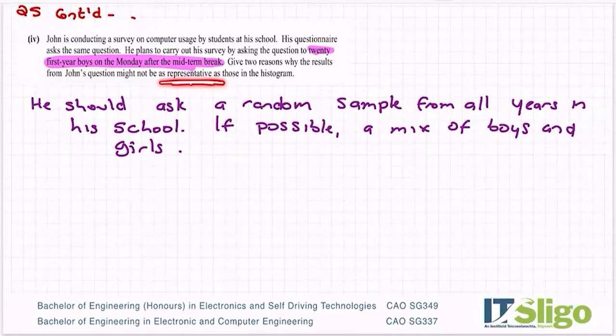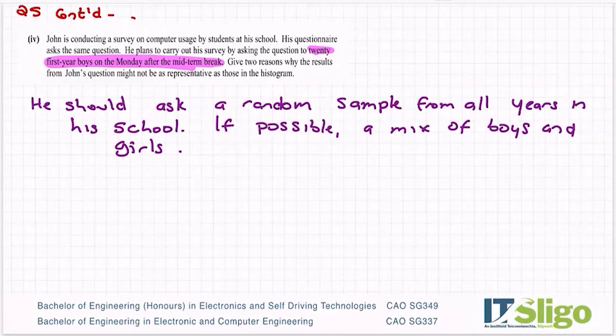So it represents the full school. And then by asking boys, that again doesn't make it representative. Well, it does if it's an all boys school. That's why I have if possible there. But if it's a mixed school, then he should be asking a mix of boys and girls, because maybe one gender spends longer or shorter on social media than the other.